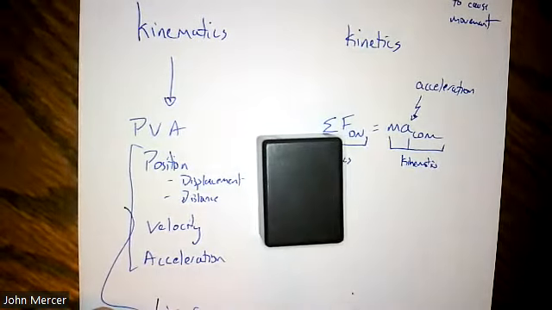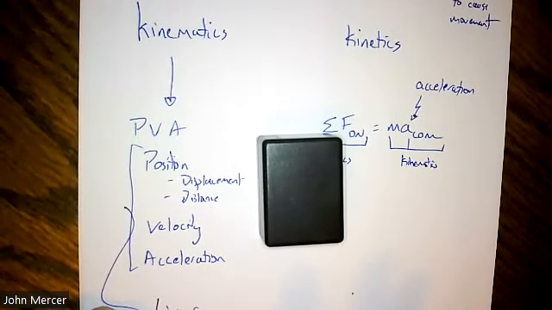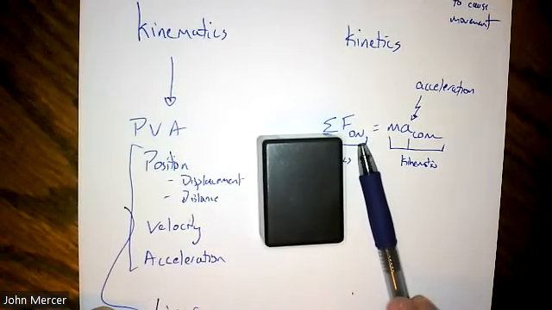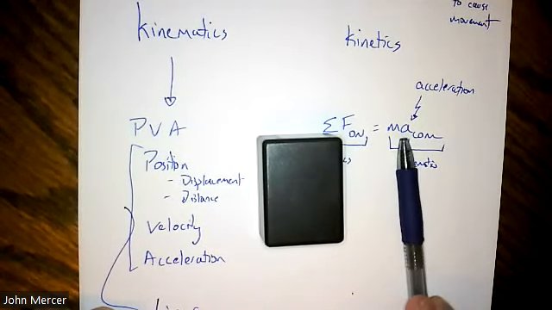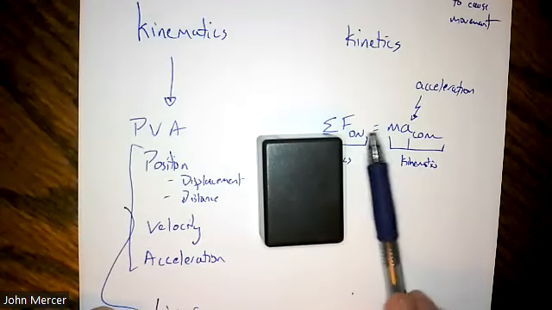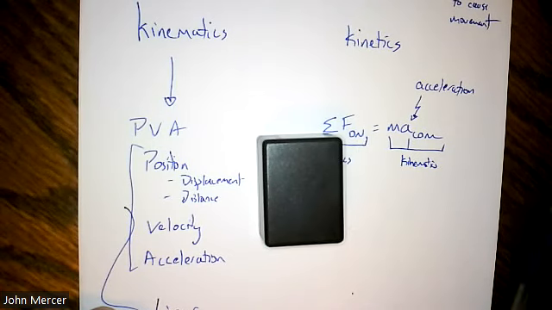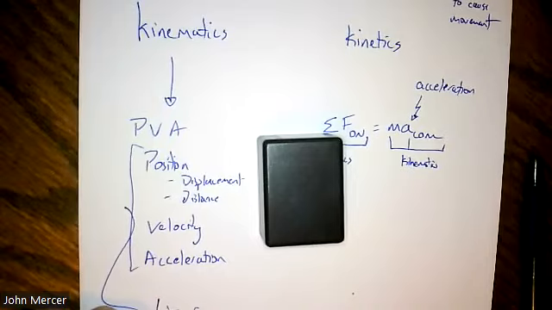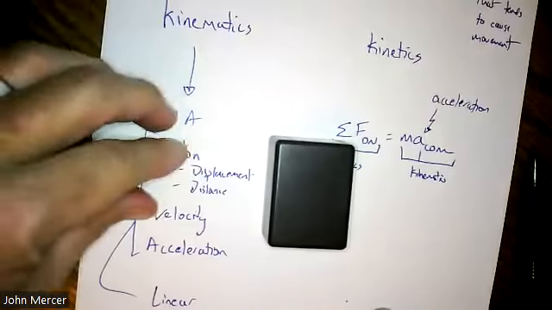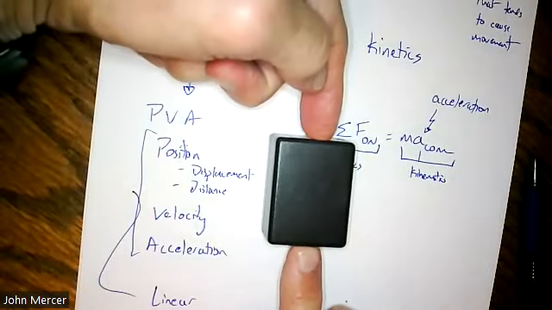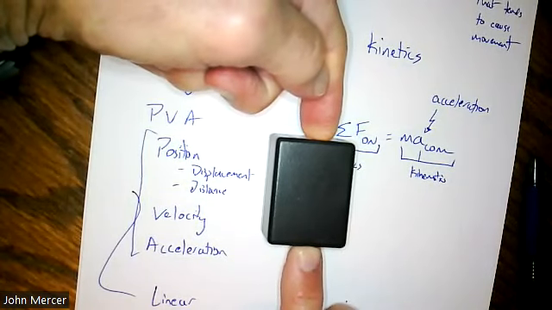So if you see no change in velocity, that means one of two things. Either there are no forces acting on the object, because acceleration will be zero, or all the forces acting on the object add up to zero. Most likely what we're going to be dealing with is that all the forces acting on the object add up to zero. For example, if I push here and I push here with equal forces, that object's not going to move.